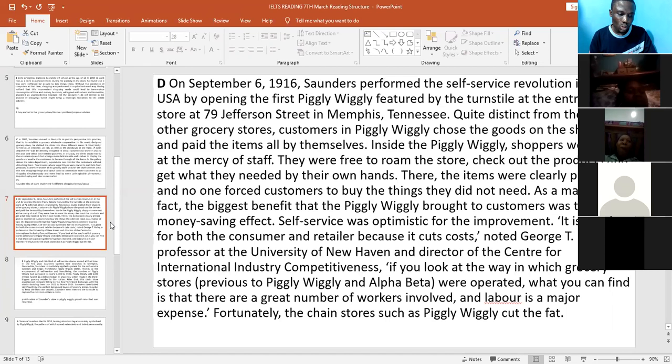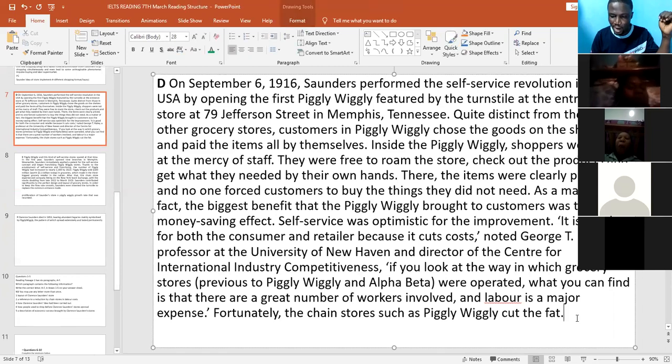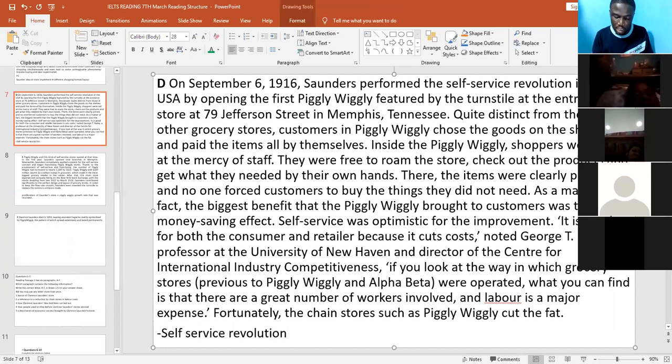So let me go to the question now, and I'm going to reveal other questions. Let me say this paragraph is talking about the self-service revolution, and it was talking about the features and the benefits.